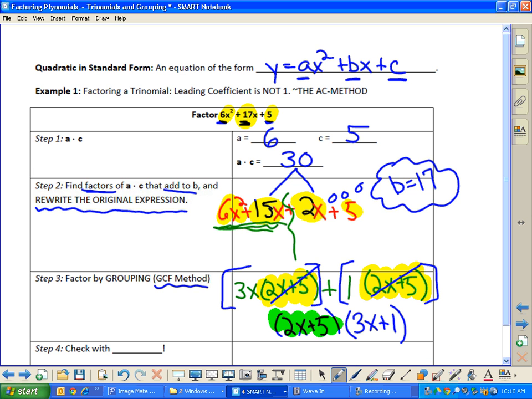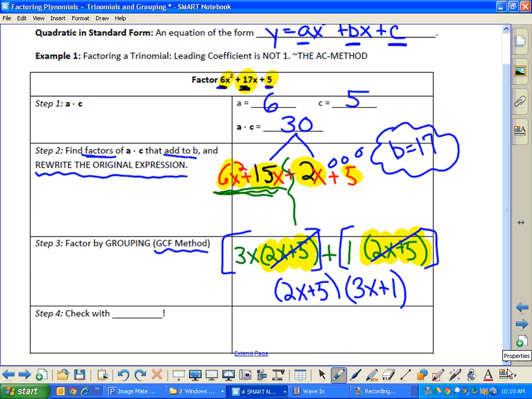I could just take this and distribute it to this term and to that term. Pretty interesting, right? It's another way of looking at it. So in effect, all I did in this last step here was pull down the set of parentheses that repeated as a GCF, and then I wrote what I had left over. And that's it. It's factored. All done.